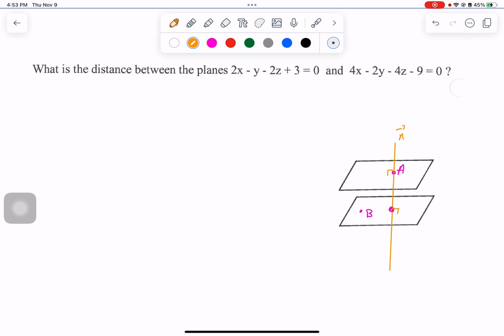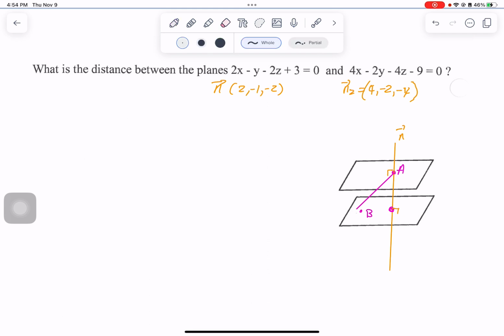If I take the normal from the first one here, this normal is going to be 2, -1, -2, and this normal is going to be 4, -2, -4, which, by the way, kids, those are the same normal, right? Because it can be reduced, they're scalar multiples. But what I want to do is create that vector.